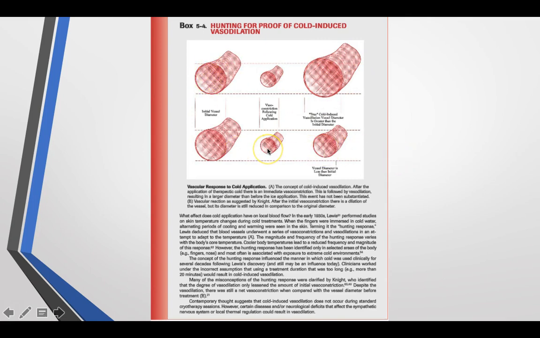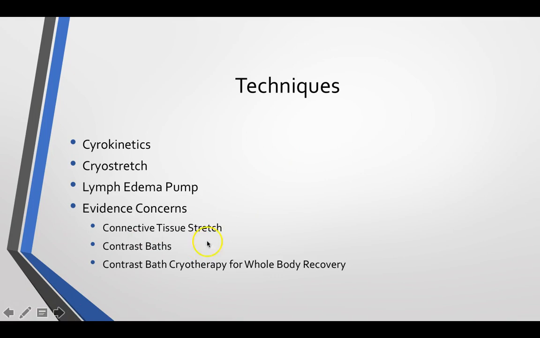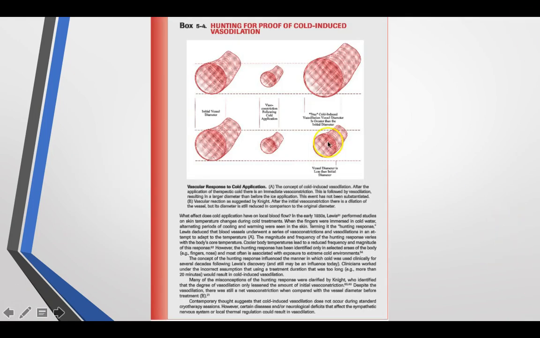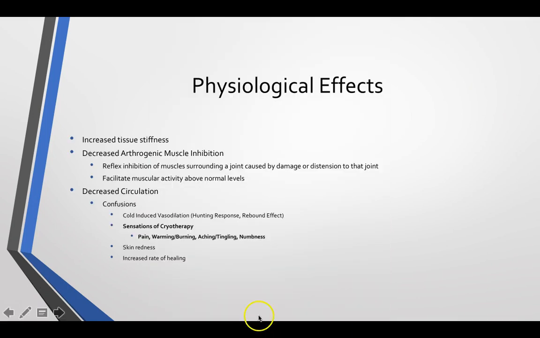It just goes from its negative furthest point to slightly larger from that negative point, but not back to the original. So that was the vasodilation or hunting response, and again, it happened most often in fingers.